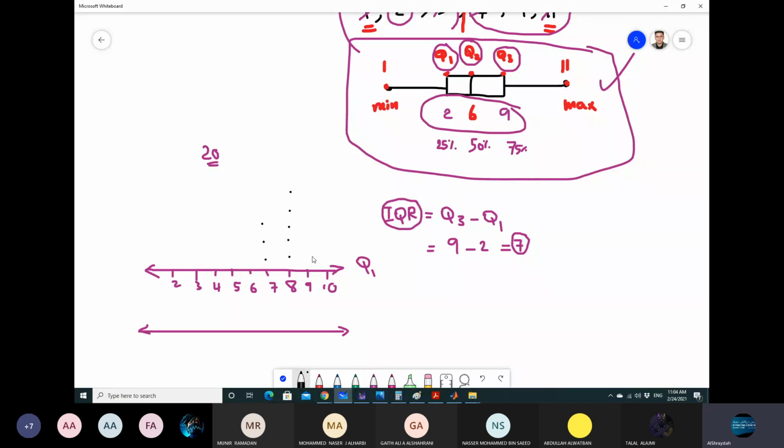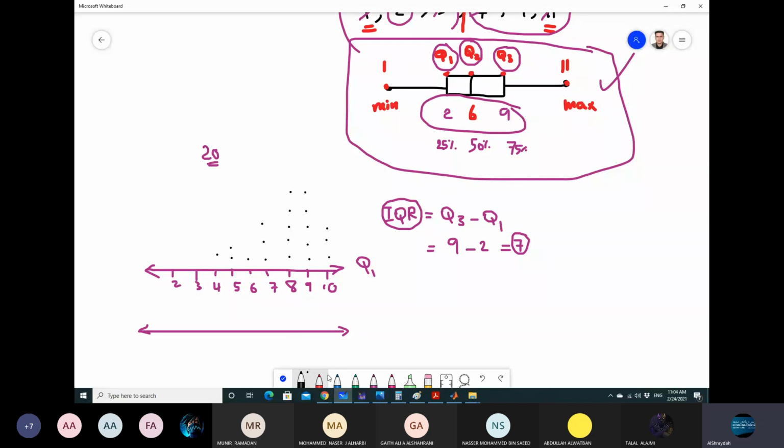We have 5 students got 8. We have also 5 students got 9, and we have 3 students got 10. So here we have 20 students, and their marks look like this.